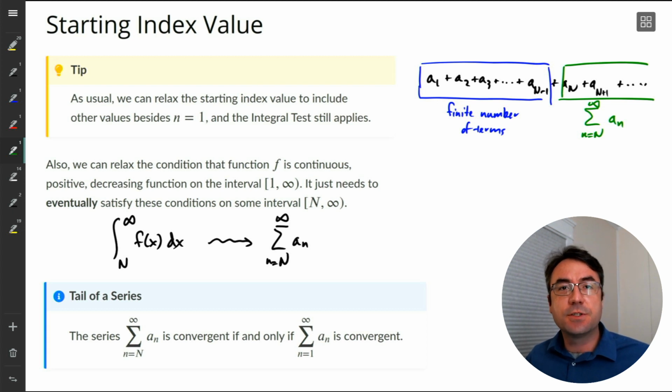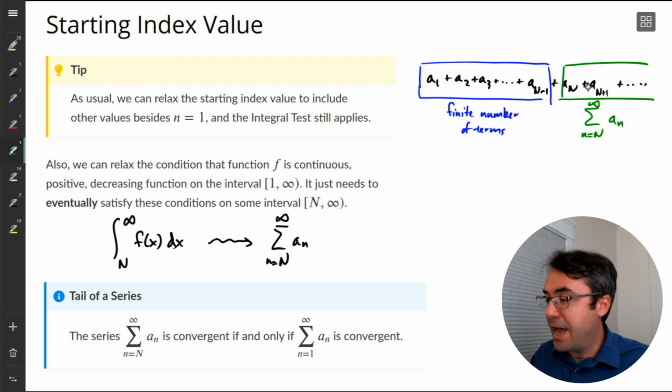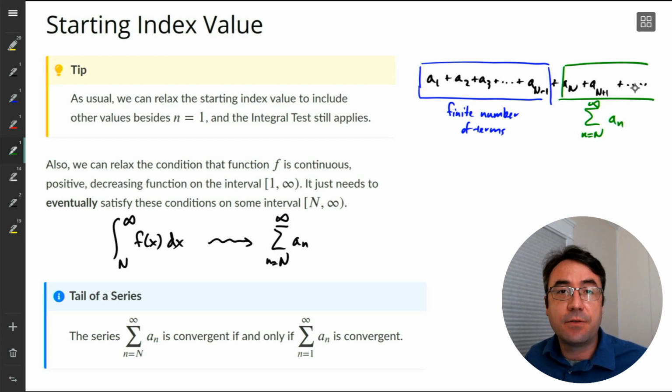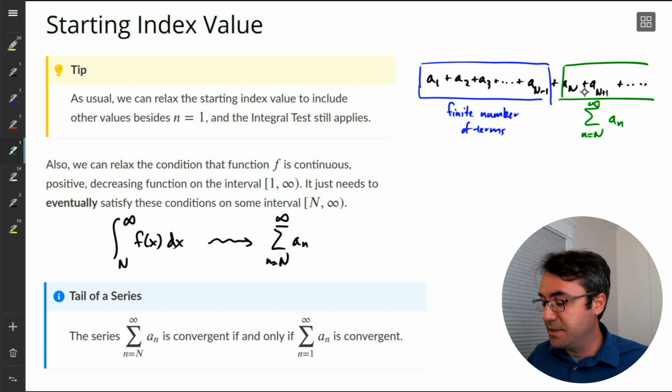Where the question of convergence or divergence comes in is what happens at the tail of our series, the part that goes on forever. That's where convergence or divergence gets interesting. The first few terms, we can always add those together. It's these ending ones that stretch on forever.